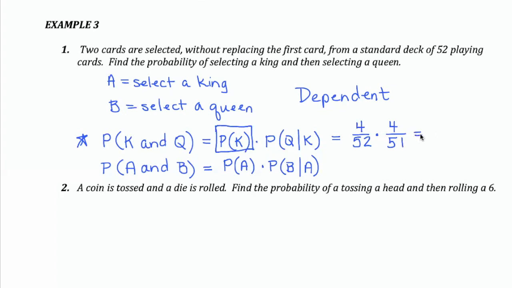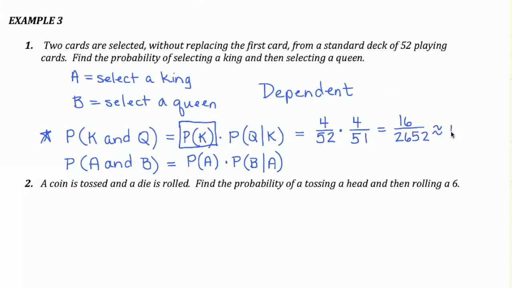So you would multiply these together, numerator times numerator, denominator times denominator, or use your calculator, and you're going to get 16 over 2,652, or approximately the decimal 0.006. So what that's telling us is that this is not a very likely event to happen.